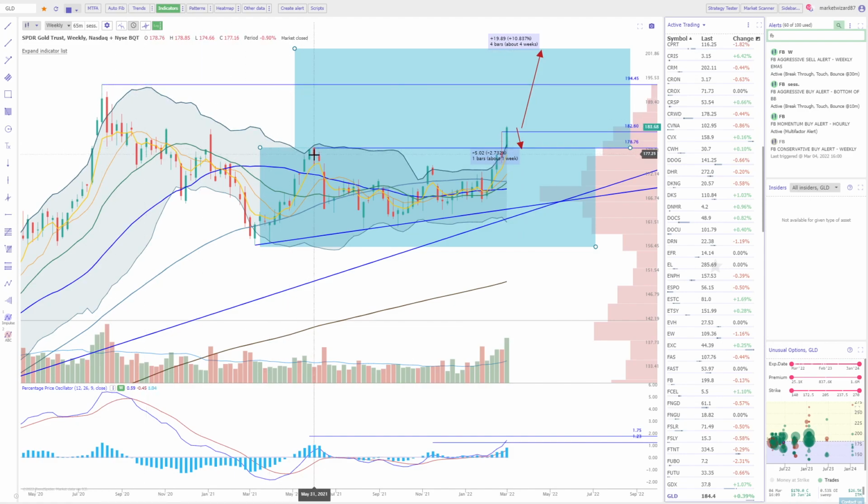You have this range, and you now have a breakout above the top of the band, right? That's telling me the breakout has started, and that you should be looking to buy any dips into weekly EMA 5 and top of the Bollinger Band. Gold is of interest to me this week.